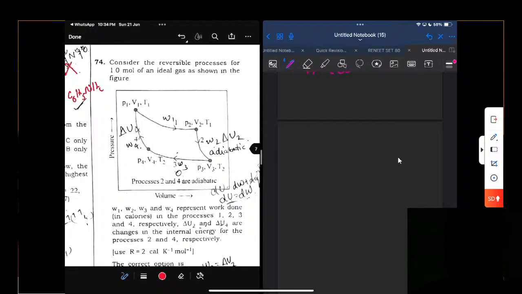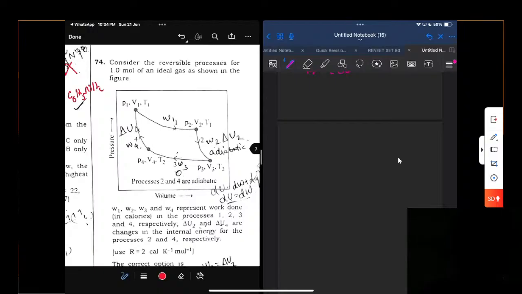Consider the reversible process. They are forming a closed cyclic reversible process: 1 to 2, 2 to 3, 3 to 4 and 4 to 1 again.